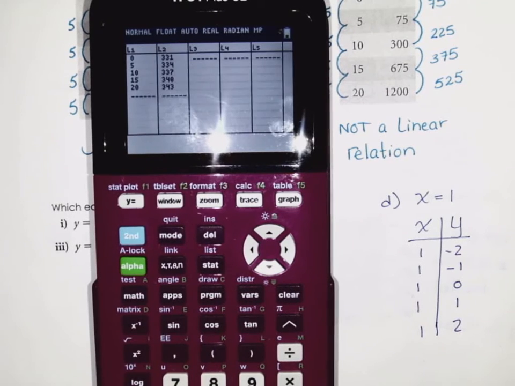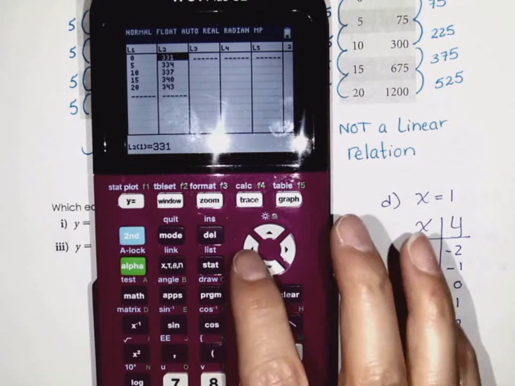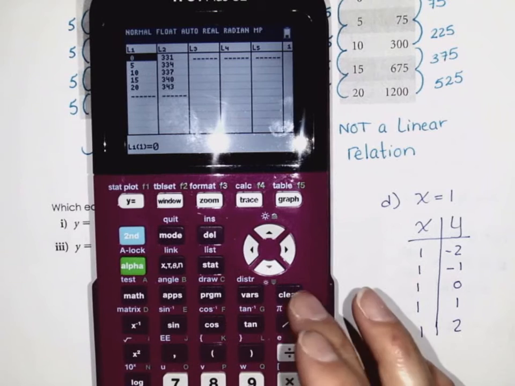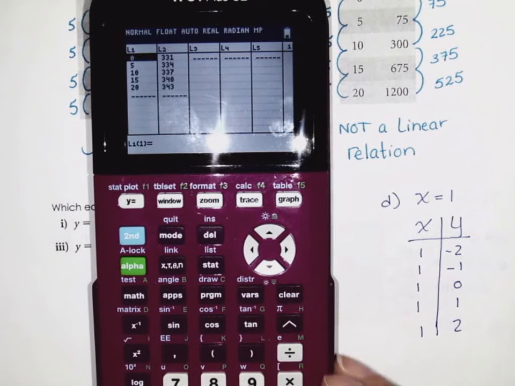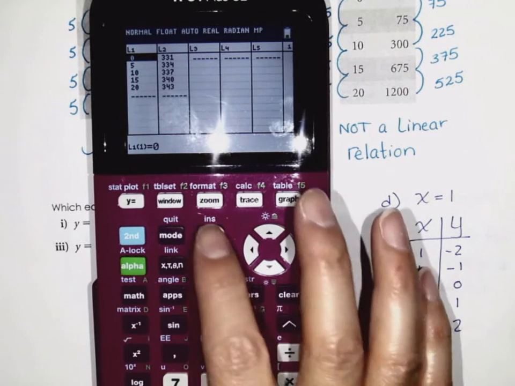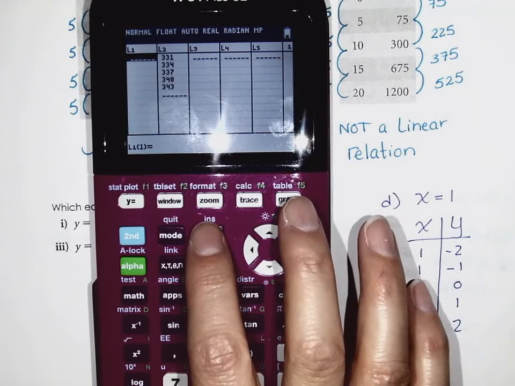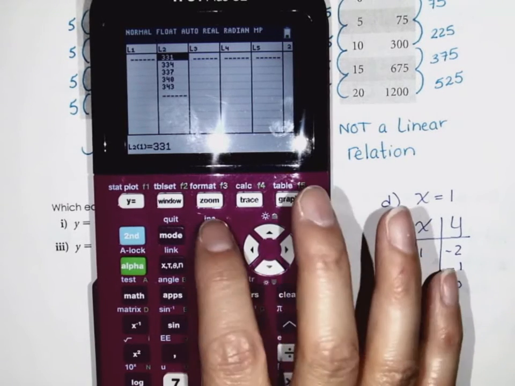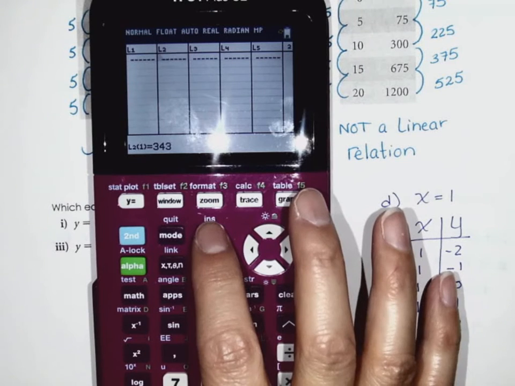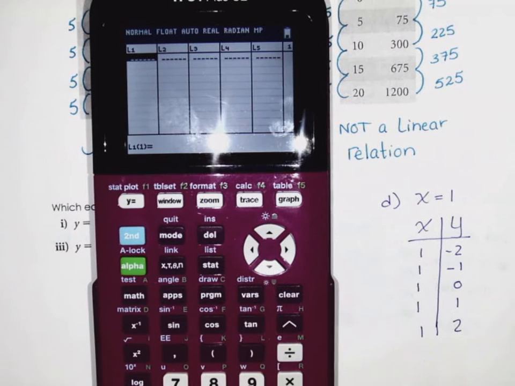I'm just going to hit enter. Oh, I forgot to clear my list. It's okay, I can just delete them. I have a delete key right here. There's not that much stuff in them, so I can just delete, go over to my list 2, and delete. Okay, I'm going to go back to list 1.